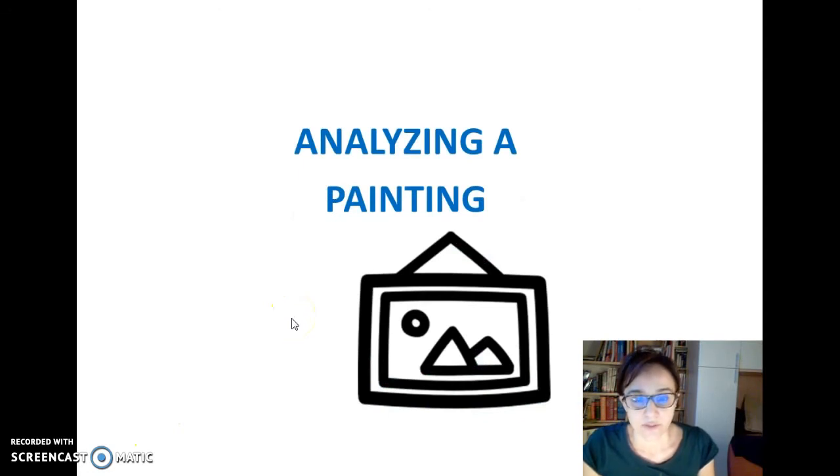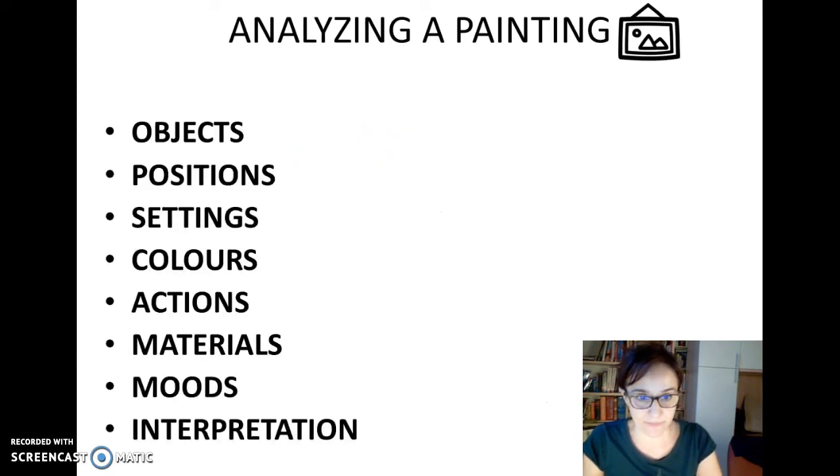Today we are going to analyze how to describe a painting. To analyze a painting, you have to describe the objects which are present in the painting, the positions of these objects in the painting, so where the objects are placed, the settings of the painting.